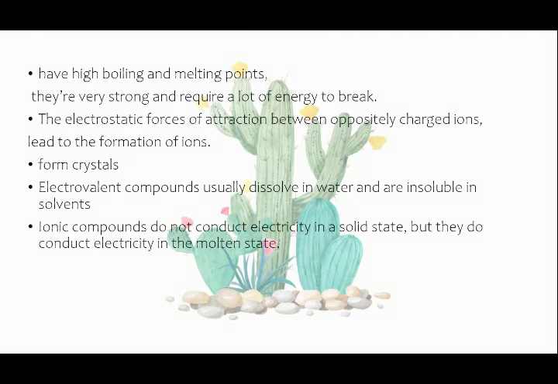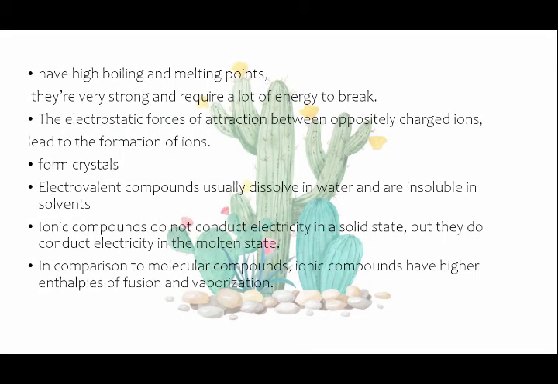Besides, the ionic compounds do not conduct electricity in the solid state, but they do conduct electricity in the molten state, which is liquid. Lastly, in comparison between molecular compounds and ionic compounds, ionic compounds have higher enthalpies of fusion and vaporization.